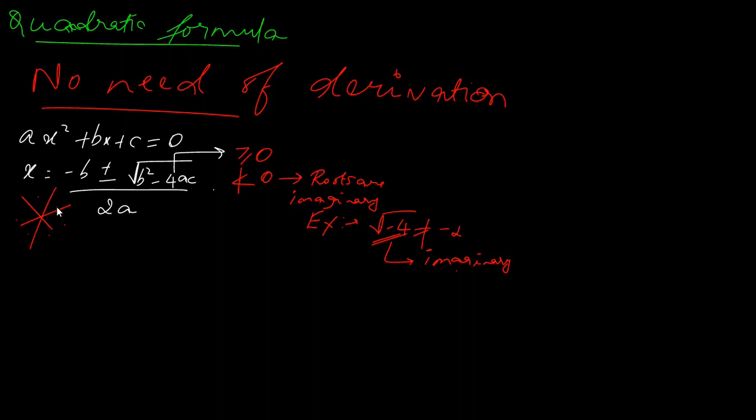If this part b square minus 4ac is equal to 0, then both the roots are real and they are equal.